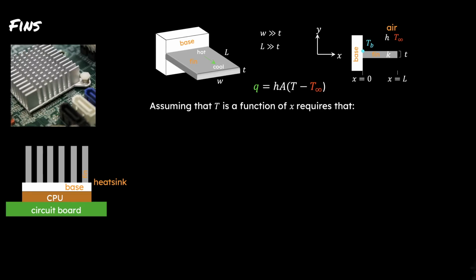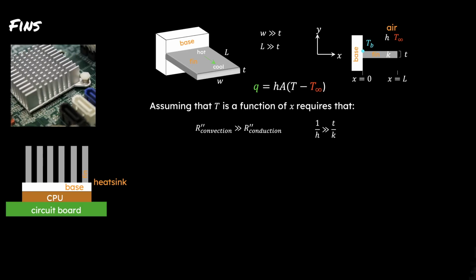To simplify the math, we want to assume that T is only a function of x. This requires that R double prime convection is much greater than R double prime conduction, that the resistivity due to convection is much greater than resistivity due to conduction. This means that 1 over h must be much greater than t over k.